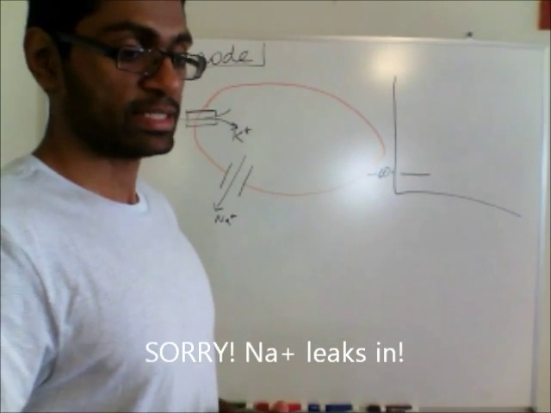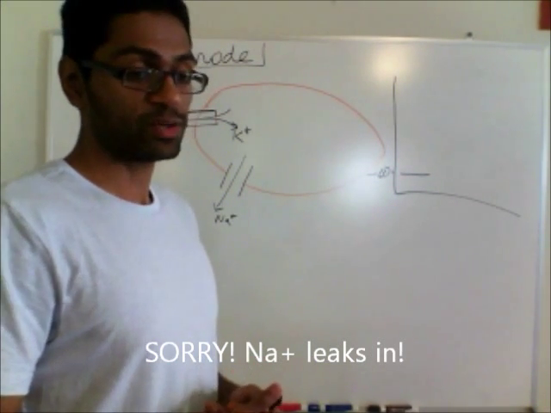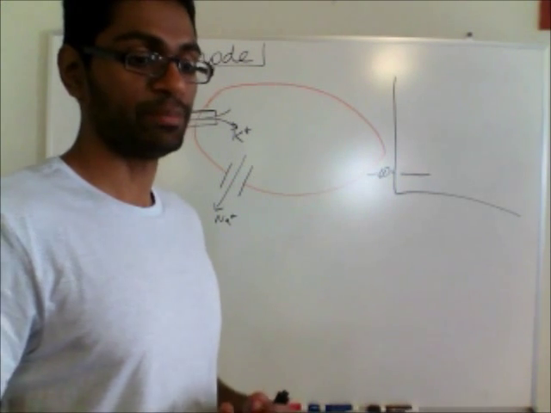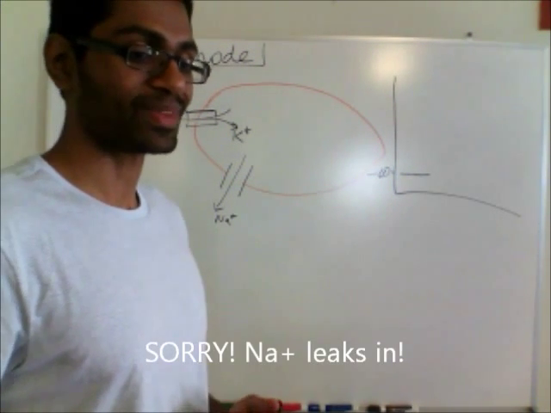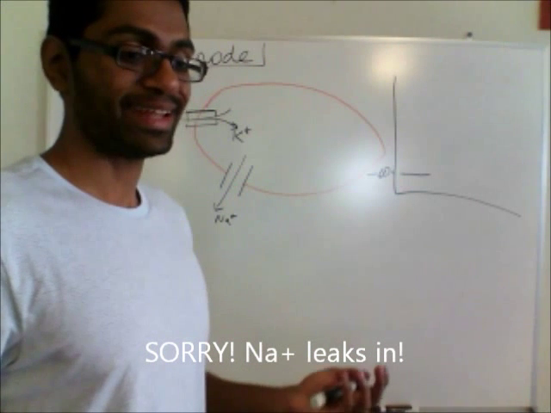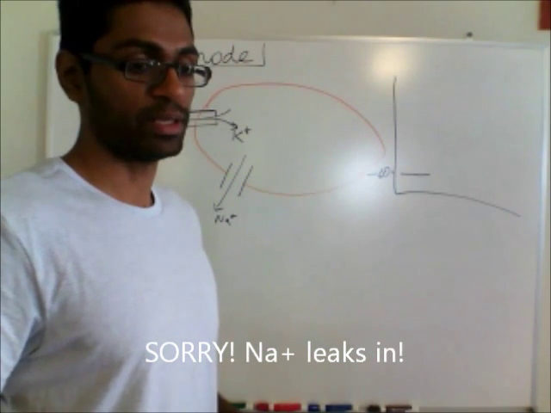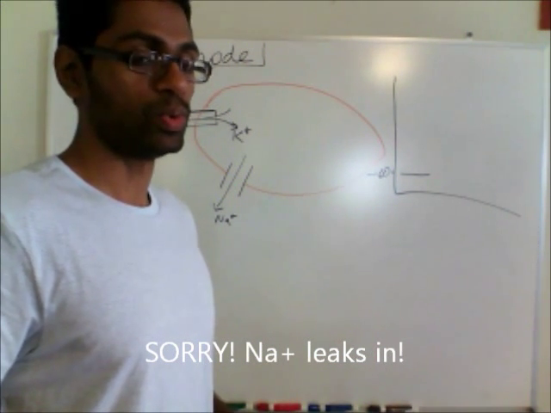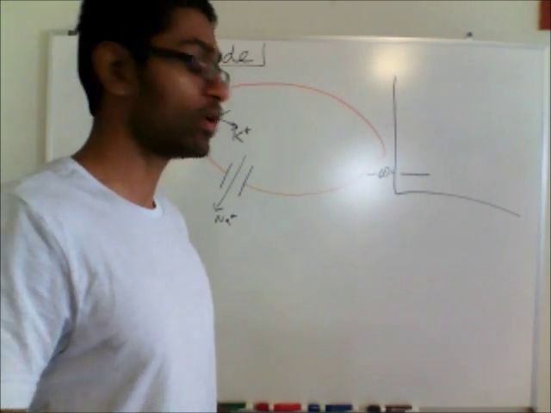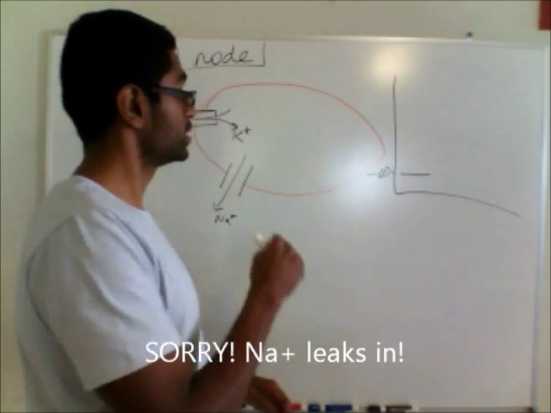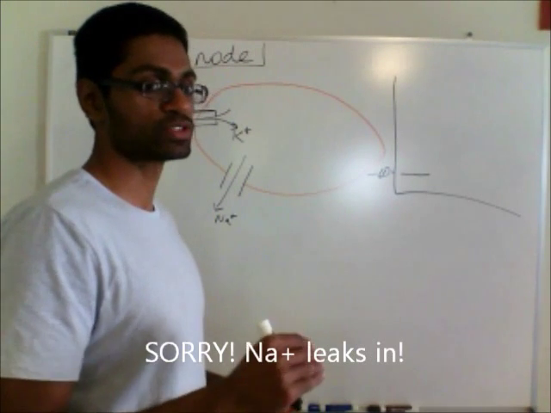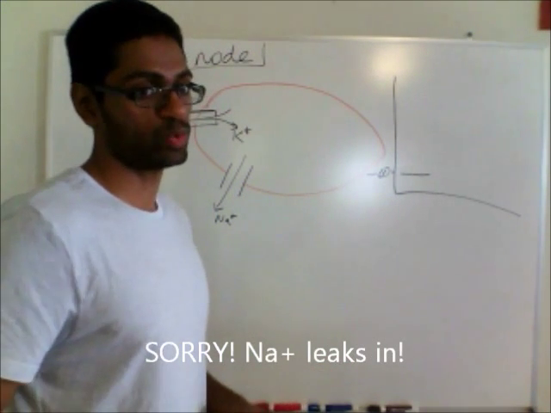So, since the SA node has the sodium leaky channels, it maintains it at -60 volts. Okay. So it's kind of hard for the cell to maintain the impulse like the regular myocyte would.